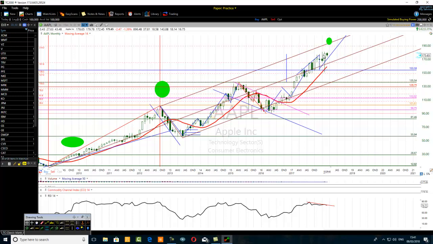So personally, as you see like this, I will be a little bit patient, expecting it to roll up more to the edge of the pitchfork tool. It doesn't mean that it cannot start going down from here.